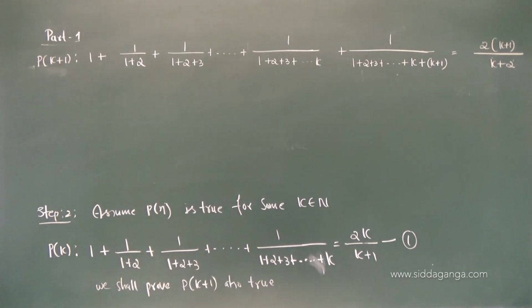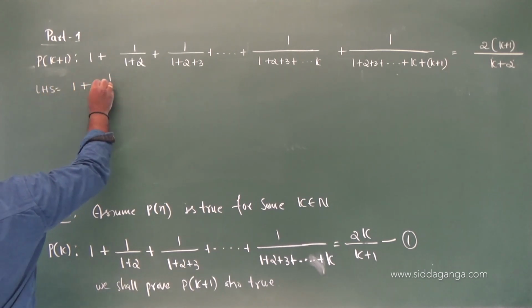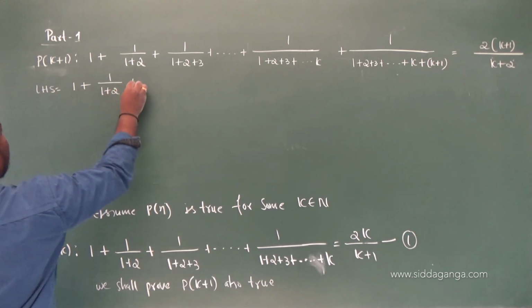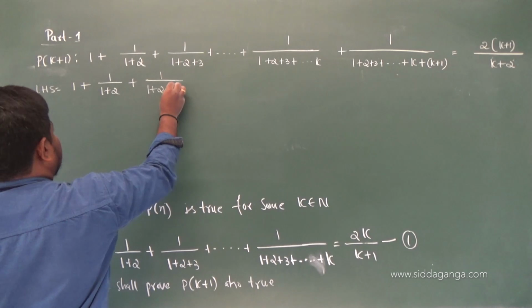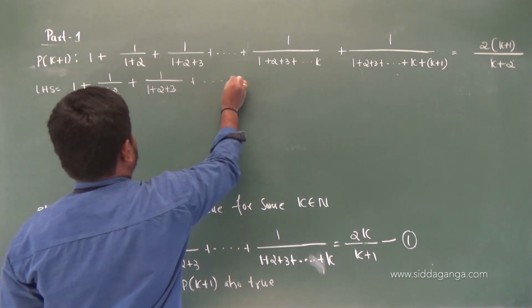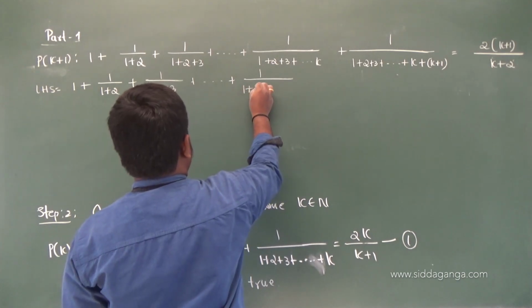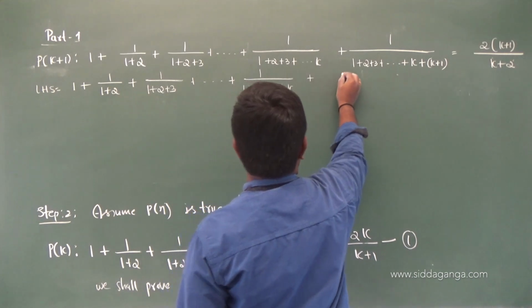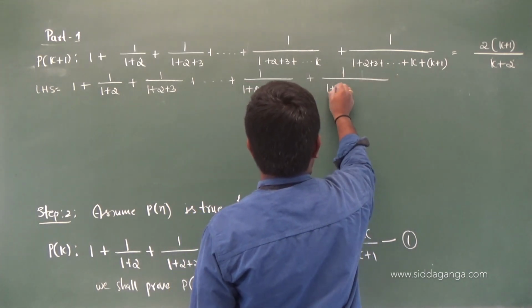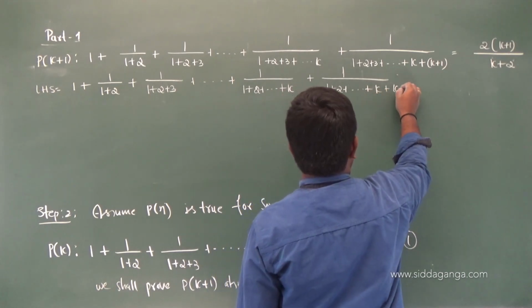Let me take the LHS. LHS is 1 plus 1 by 1 plus 2 plus 1 by 1 plus 2 plus 3 and so on. The kth term is 1 by 1 plus 2 plus 3 till k, and the k plus 1th term is 1 plus 2 plus 3 and so on up to k plus k plus 1.